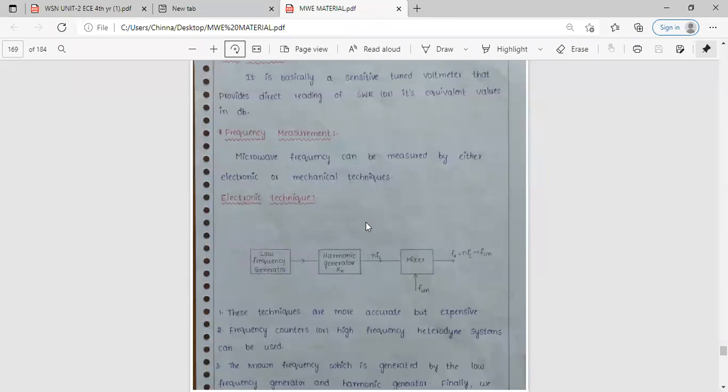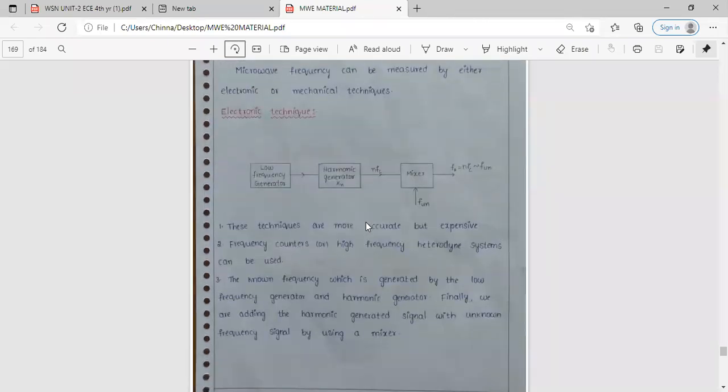Coming to the electronic technique, these techniques are more accurate but expensive. Here you can see the low frequency generator, harmonic generator, and mixer with the unknown frequency, and finally F naught is equal to, okay, that is represented here.